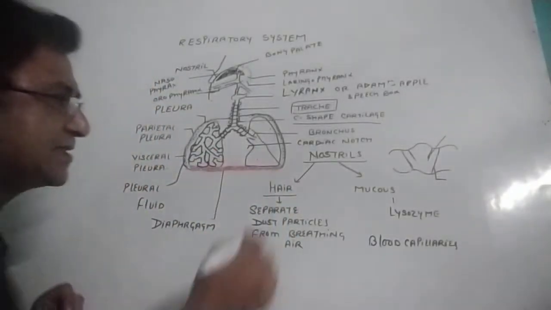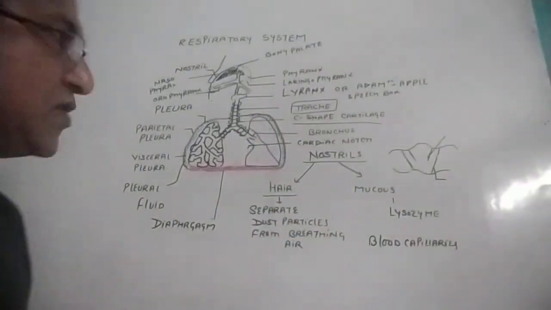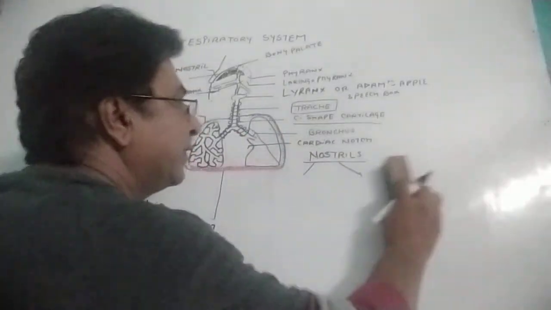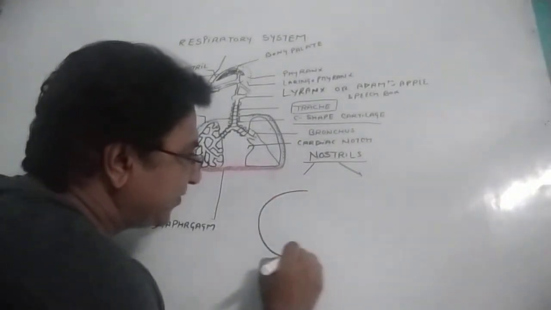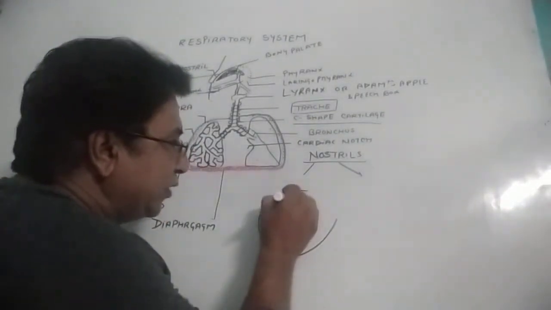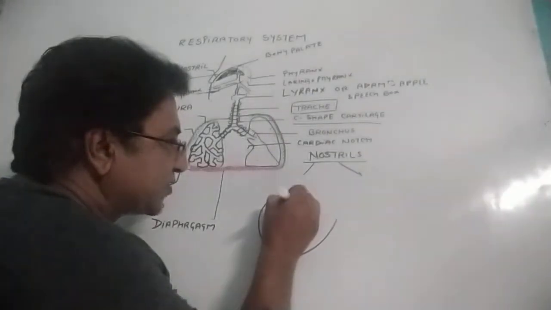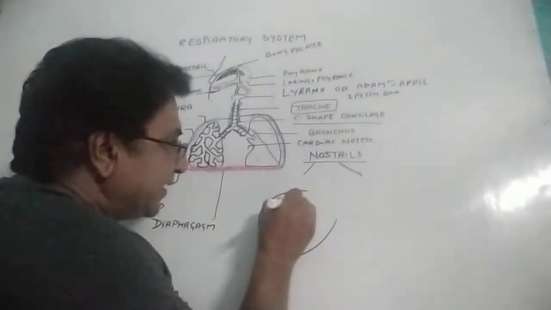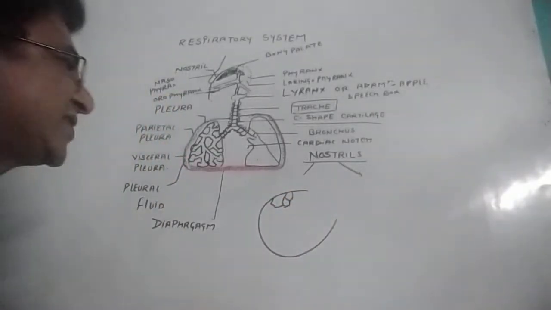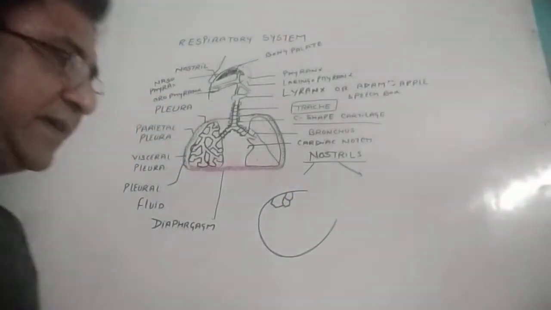Let's talk about alveoli also. They have a polyhedral structure, and a single layer of cells is present lining this, right?